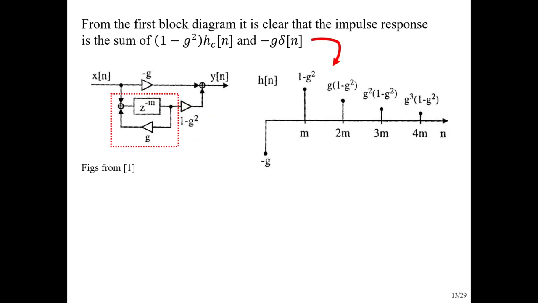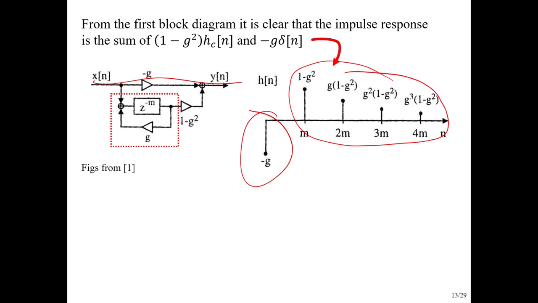So putting what we know together, here's the 1 spike coming from there, and then here's our old comb filter, but with a 1 minus g squared times it. So we did have a 1 before, now we have that. We had a g before, now we have that. So all the stuff we had before is just multiplied by 1 minus g squared.